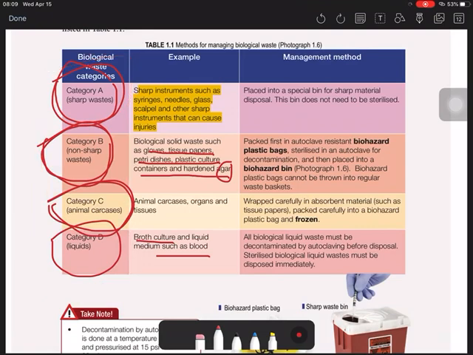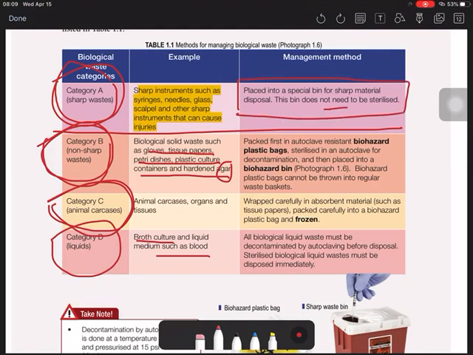Now for category A, they are placed into a special bin for sharp material disposal. This bin does not need to be sterilized. Remember that. Sterilized means you don't have to disinfect them, you don't have to kill all the bacteria. Just put it into the sharp waste bin and they will be incinerated, destroyed.